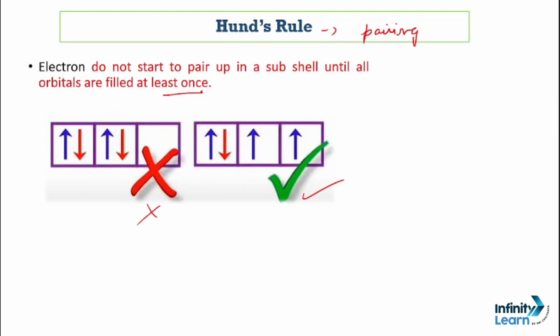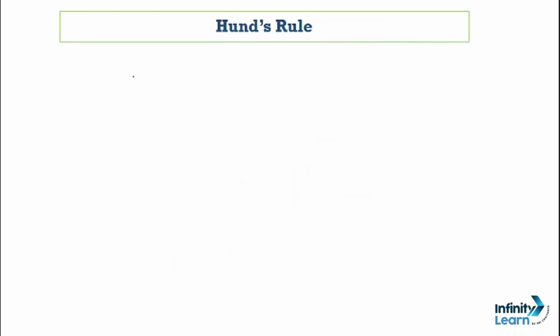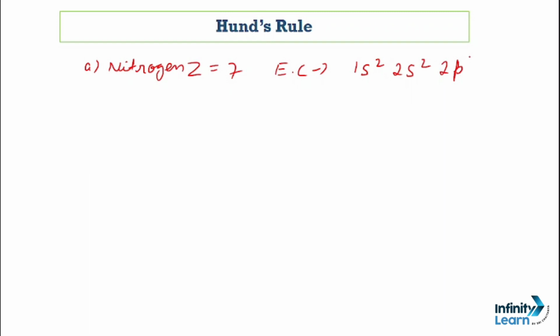So let's understand this with a few examples. If we take the example of nitrogen, as you all know, nitrogen has atomic number 7. So if we write the electronic configuration, it will be 1s2, then 2s2, then 2p3. The number of orbitals s has is 1, which will be filled with the maximum number of electrons, that is 2.